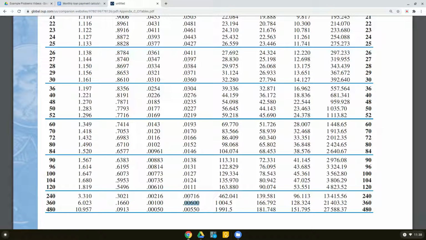For that you can use the process of linear interpolation in mathematics to find the value between the two values. I'm not going to explain that in this video, but if you Google search the process of interpolation, you should be able to understand that. Or maybe I will make another video explaining linear interpolation. But anyway, in our problem it was easy, 0.00716.